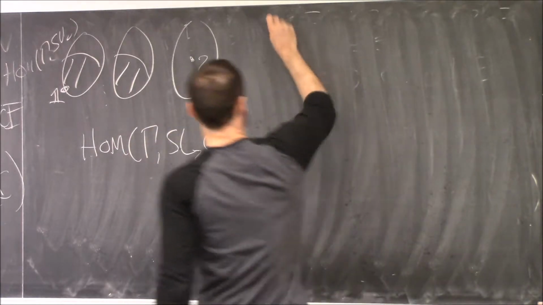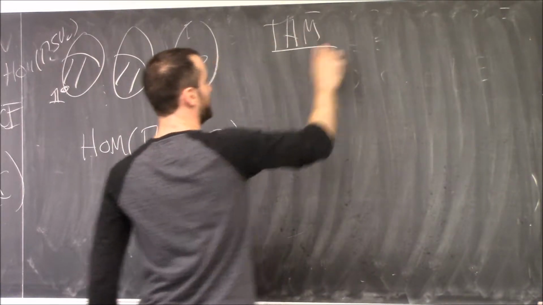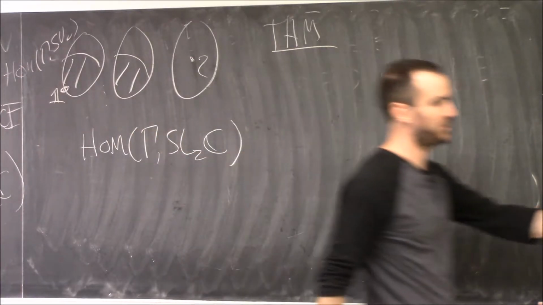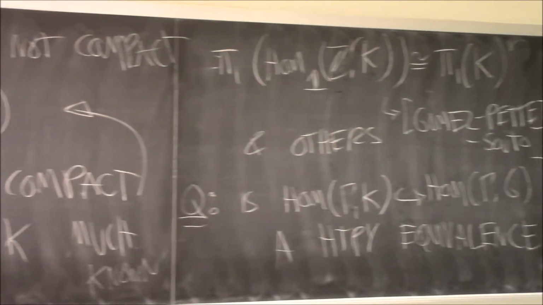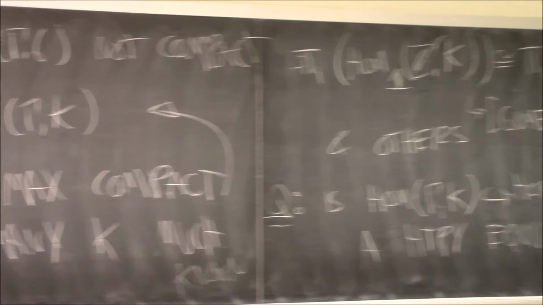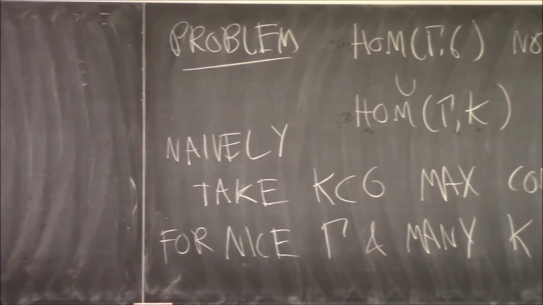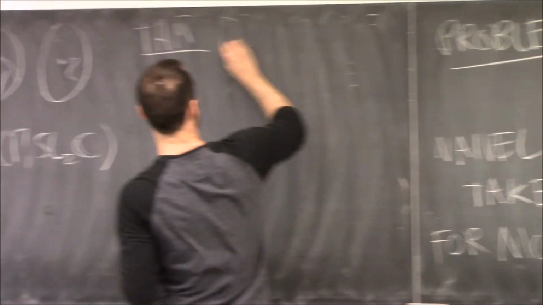But the first kind of result that showed you that not all is lost is there's a theorem of Pettet and Souto that tells you that in this context where you're looking at commuting tuples of matrices, there is actually a strong deformation retract from Hom(Γ, G) onto Hom(Γ, K). So therefore, you do get kind of this naive thing happening. So I'll state it like this.